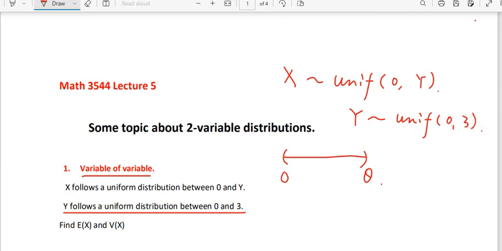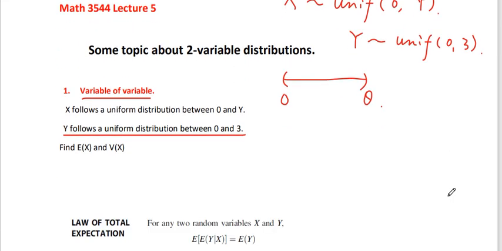So we can regard x as a variable of another variable. We want to find the expectation Ex and Ey, or Ex and Vx.